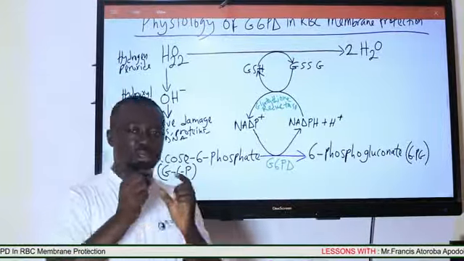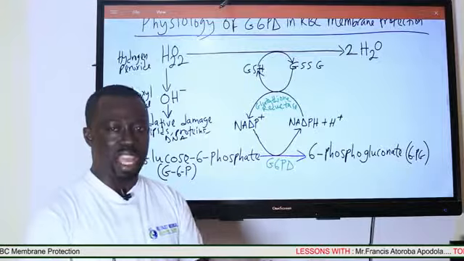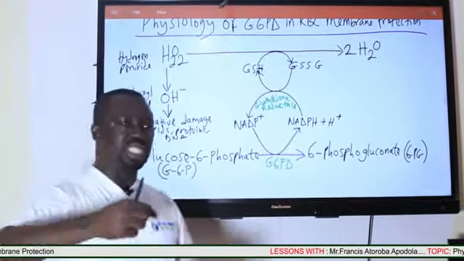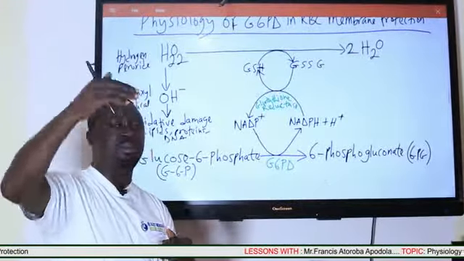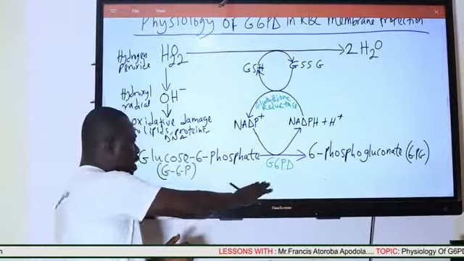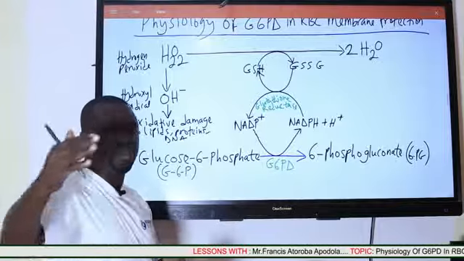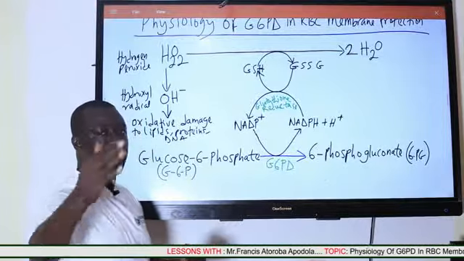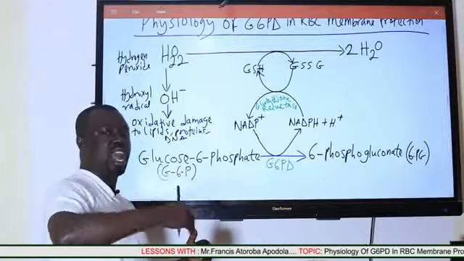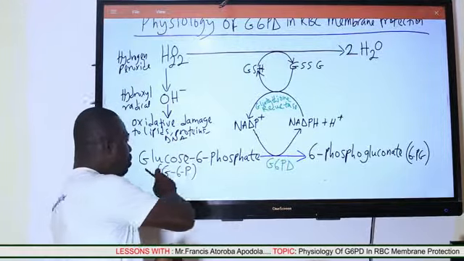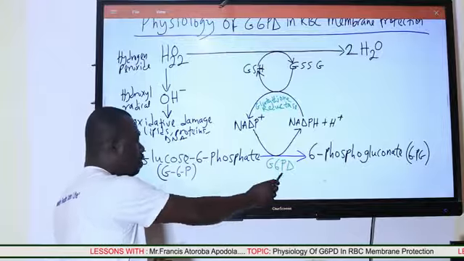So to get the full name of the enzyme, we add the reaction enzyme name to the substrate. The reaction enzyme name is dehydrogenase, so named after dehydrogenation, and the substrate name is glucose 6-phosphate.